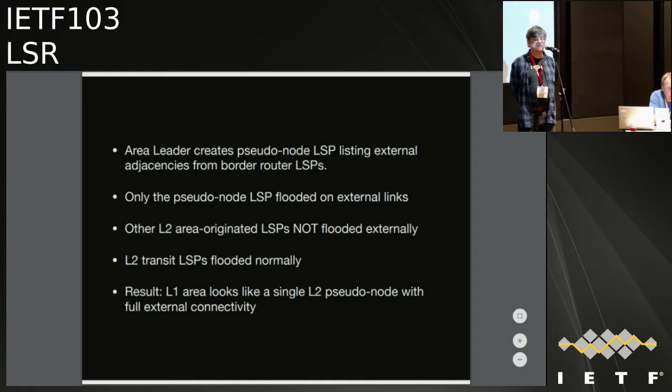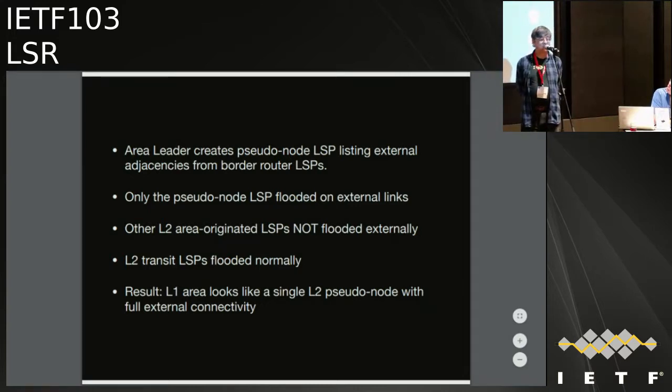He uses that to generate an L2 LSP for the L1 area. That gets flooded into L2 as normal flooding. The other L2 LSPs that all of the area border routers are generating need to get filtered. Those should not leave the area. And some of you are going, ew, yuck. Yes, that's gross.